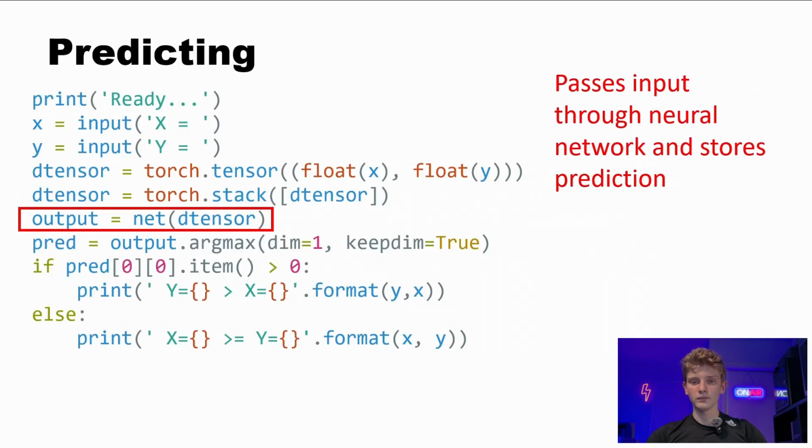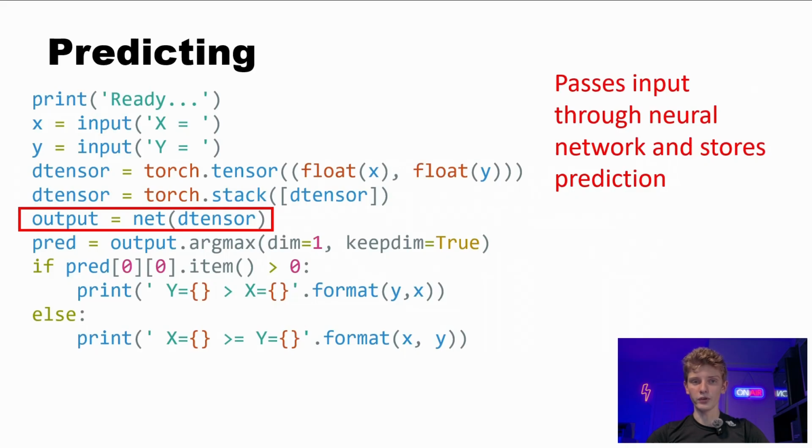Then here we do just that. We pass the data into the neural network and we get our prediction. Just to clarify, because I don't believe I said it earlier, when we pass the data into this instance of our net class, the forward function from our net class is automatically called.